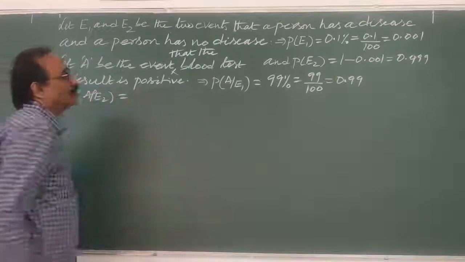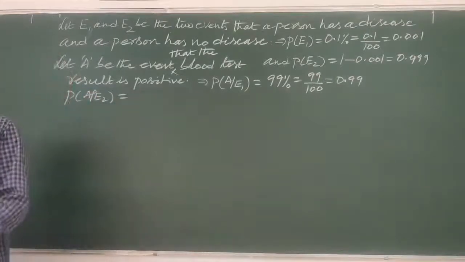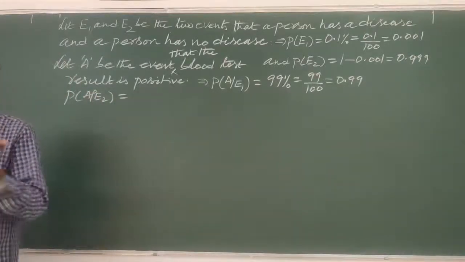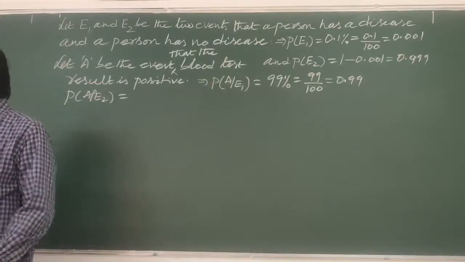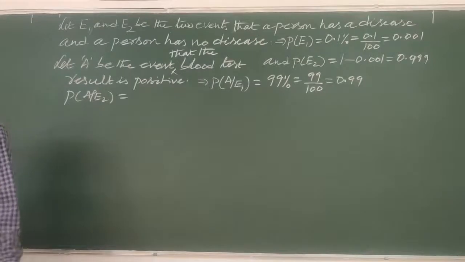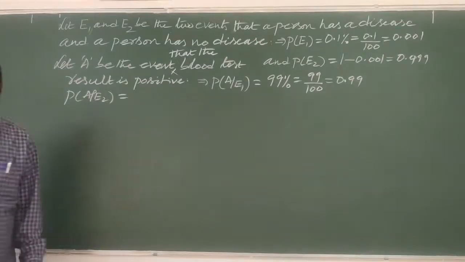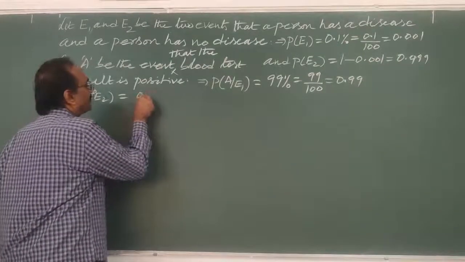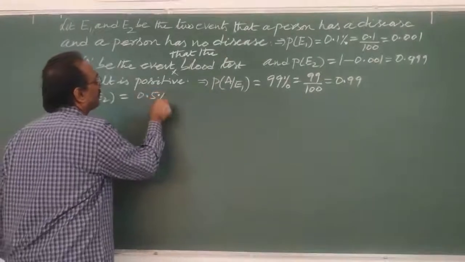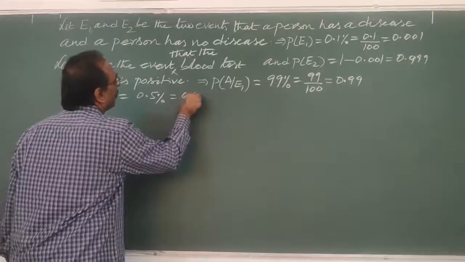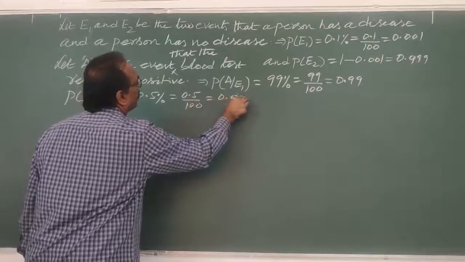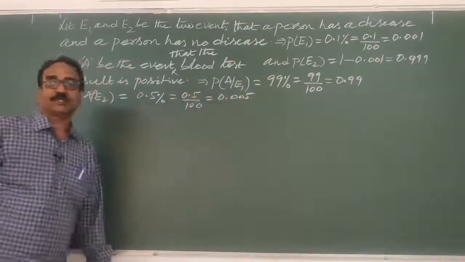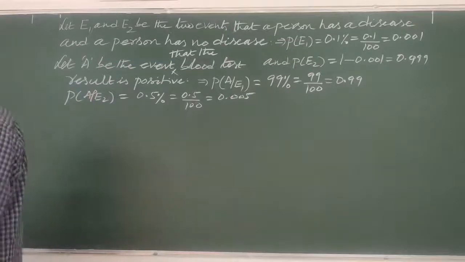The probability that a person's result is positive given that he does not have the disease. That is the second one. How much is given? 0.5%. 0.5% means 0.5 by 100, which is 0.005.